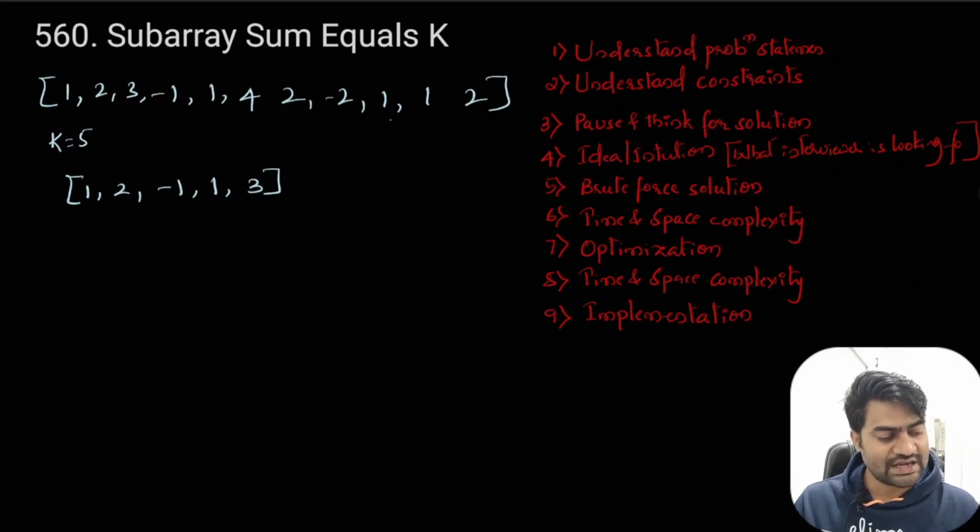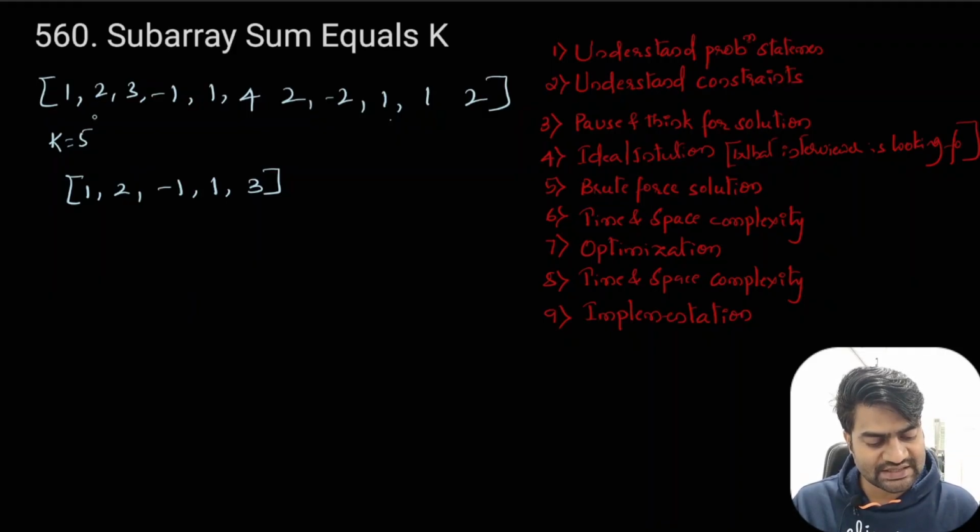Now let us try to understand the brute force solution. I will assume you have already watched my previous video, which is maximum subarray sum, so I will quickly go through the brute force solution for this problem. It is pretty much the same as what we discussed in the previous problem.